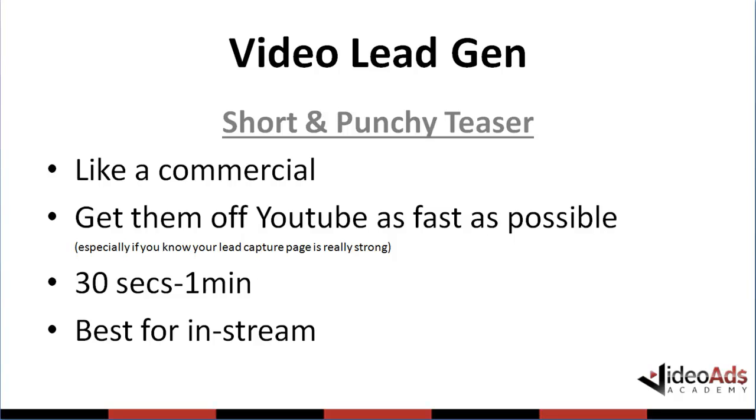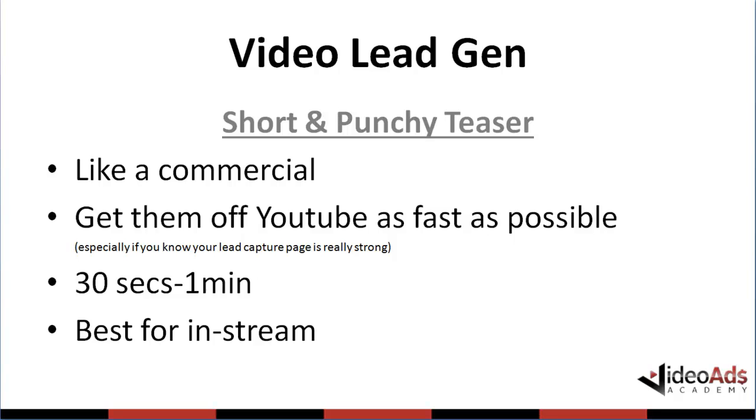Typically 30 seconds to a minute long, roughly, give or take. Obviously there are things that are outside the norms, but 30 seconds to a minute is about the norm. And these are really the best type to use for in-stream. You could also run them in-search and in-display. But for in-stream, these are really the best kind, because typically, nobody's going to watch a 4, 5, 10-minute video.